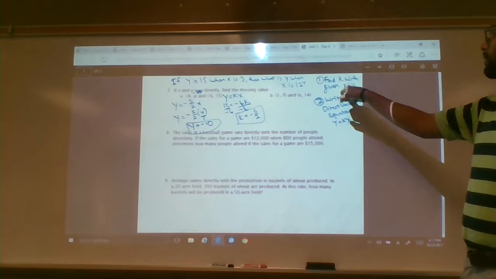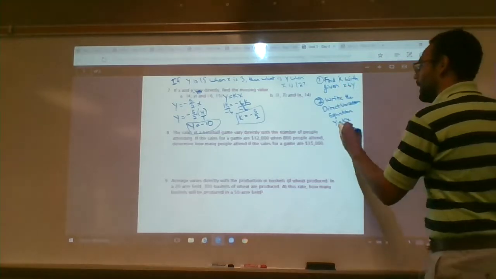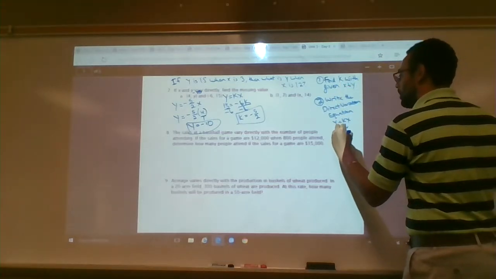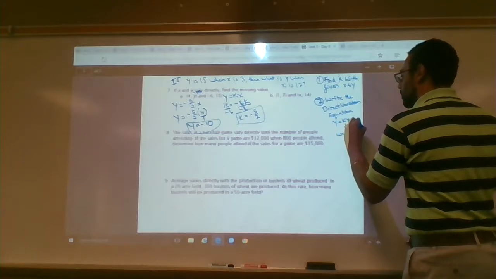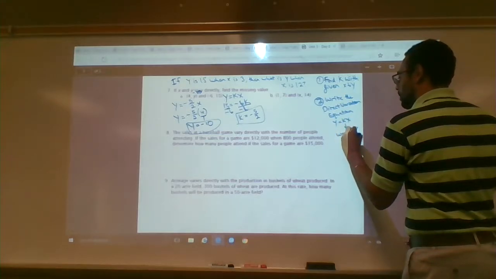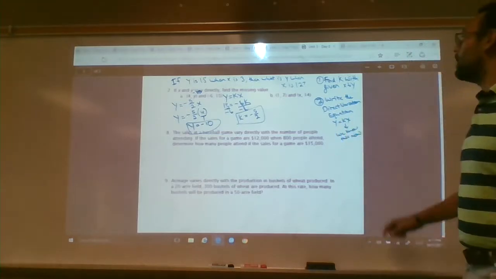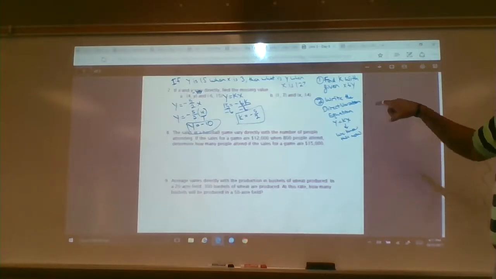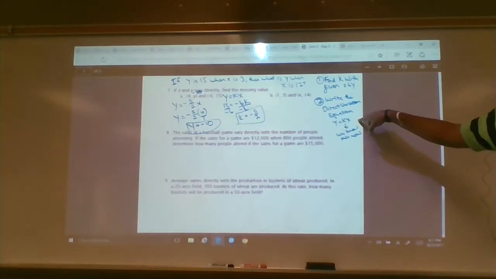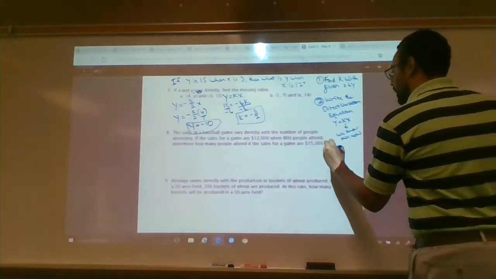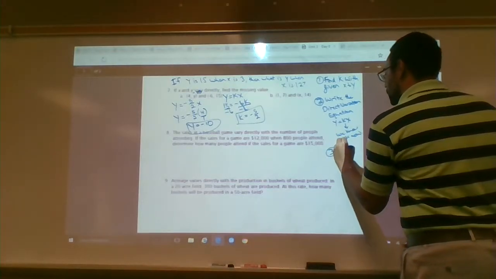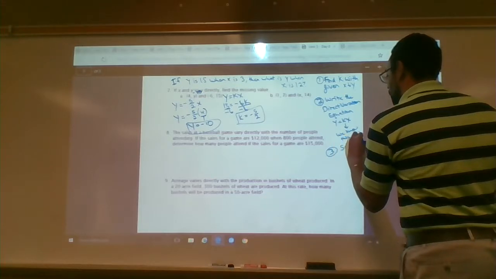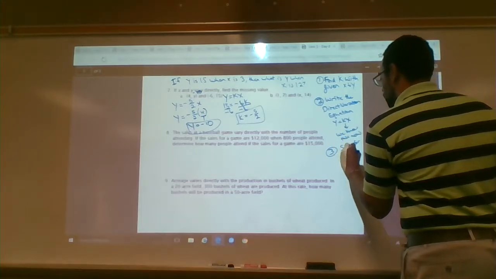Okay, so now that you found k, you're going to put k here because we know what this is. So we know this now. Okay, so we find k. We plug that into the direct variation formula. So y equals kx. We know what k is. And then we're going to use that to solve for the missing variable.